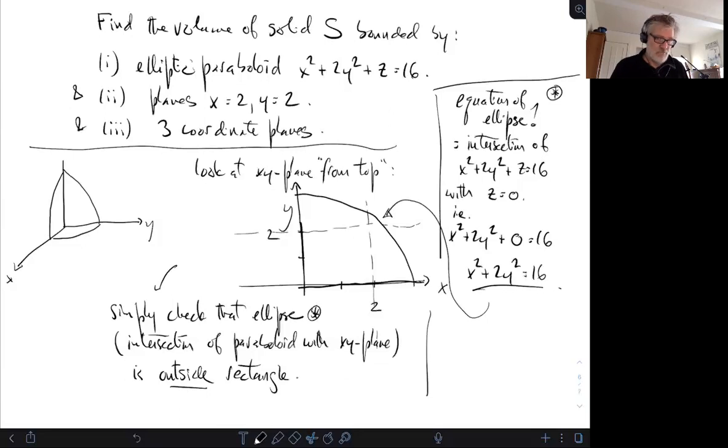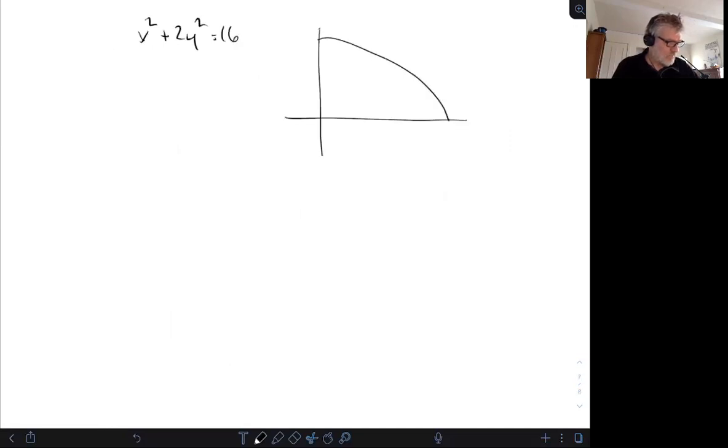So there I go. Okay, so x squared plus 2y squared equals 16. And hopefully the rectangle is inside, okay? Here's the rectangle inside.